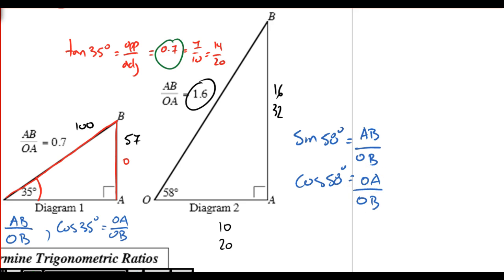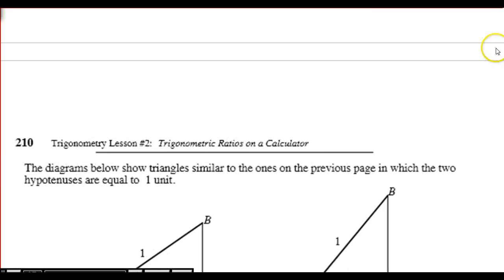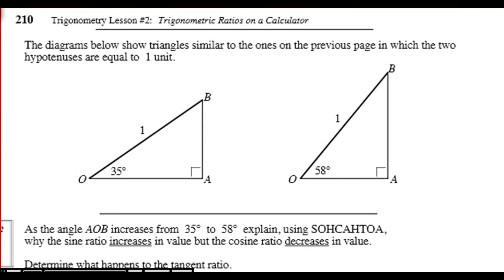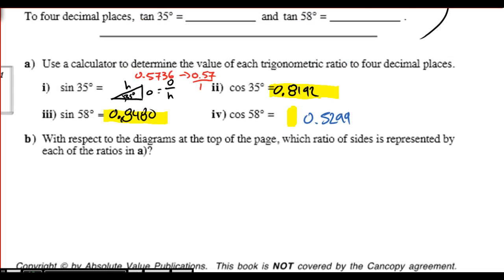All right, let's move on here. Speed things up a little bit now that we've got the hang of what we're doing. So let's jump to this example. The diagram below shows a triangle similar to the ones on the previous page in which the two hypotenuses are equal to 1. If the hypotenuse equals 1, then we want to fill in the other ratios.